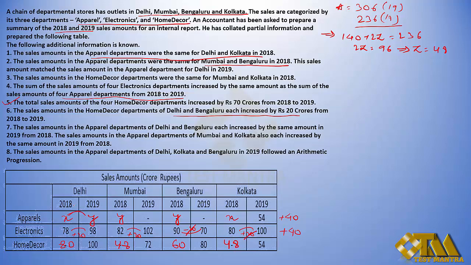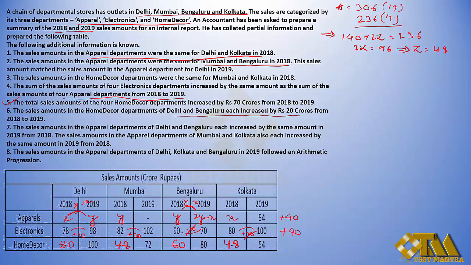Let's mark this thing. Here I can say it's increased by Y minus X. So Bangalore, it should also increase by Y minus X. That's the condition here. So it will increase by Y minus X. I can say this figure is supposed to be 2Y minus X, right?